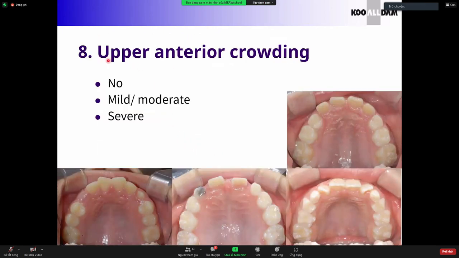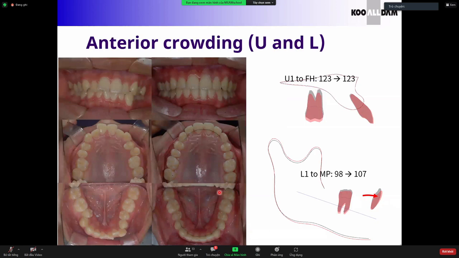Eight factor, upper anterior crowding in class 3 malocclusion. We can see some patients with no crowding and also severe crowding, or mild and moderate crowding. What happens if treating anterior crowding without extraction treatment?